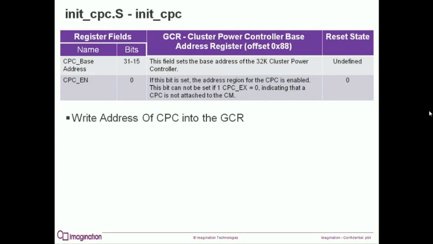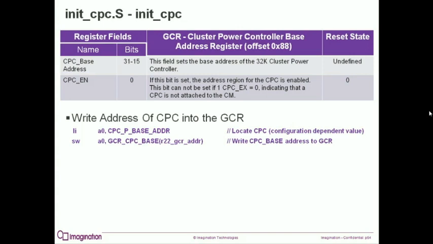If there is a CPC, the code will set the address of the CPC in the cluster power controller base address register. The address of the cluster power controller base address register is at offset 88 hex of the global configuration registers.